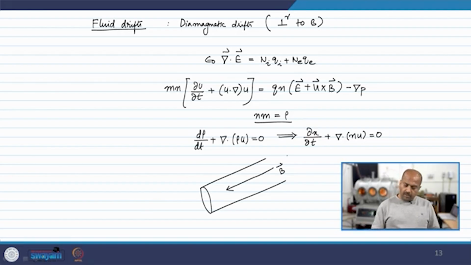This is the direction of the magnetic field and this is z cap. We take the pressure gradient to be in this direction. That means pressure is increasing inwards into this tube, into this geometry. The other coordinate is, let us say, this is phi cap. So, the magnetic field is pointing along the axis of symmetry.